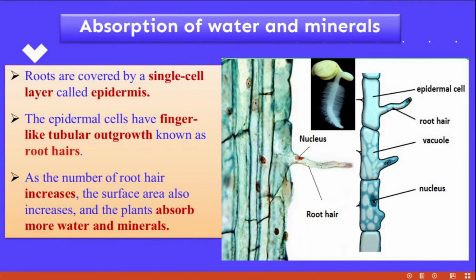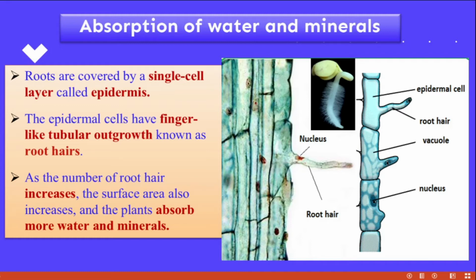Next, absorption of water and minerals. Look at this picture. Roots are covered by a single cell layer called the epidermis. This is the epidermis, the outer covering. These epidermal cells have finger-like tubular outgrowths called root hairs.